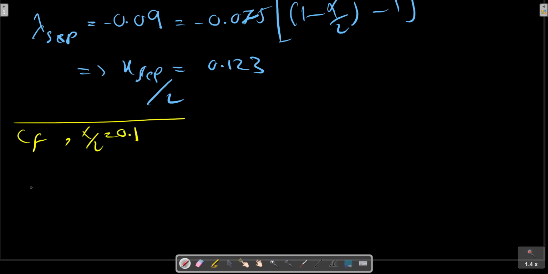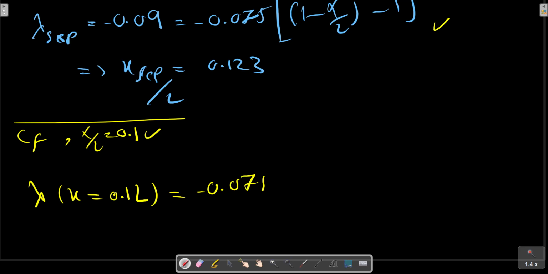We should first compute the gamma for CF with gamma at x. This relation equals the one we calculated before here, with one-tenth minus 1.